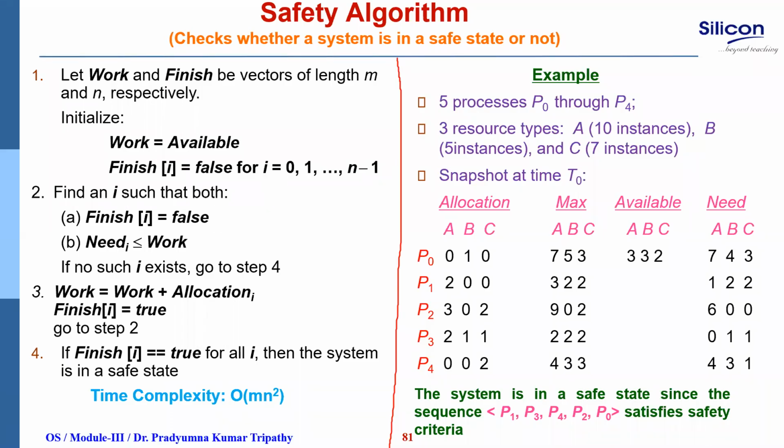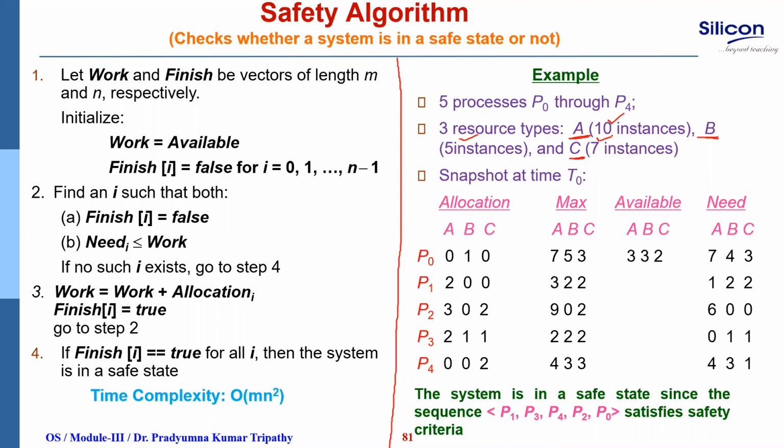There are 3 different types of resources, A, B, and C. Suppose A is hard disk, B is tape drive, C is memory, something like that. The total number of resources is also given. There are 10 instances of A, 5 of B, and 7 of C available.